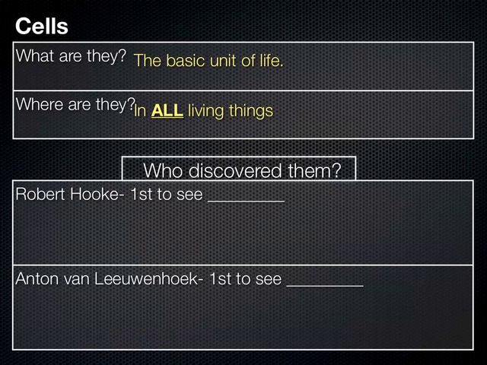Now, what was important? What had to be invented before scientists could really look into this? Yeah, the microscope. It wasn't until microscopes were invented that people could actually see cells and start to really think about them. Now, what was the main thing that had to be refined before microscopes?